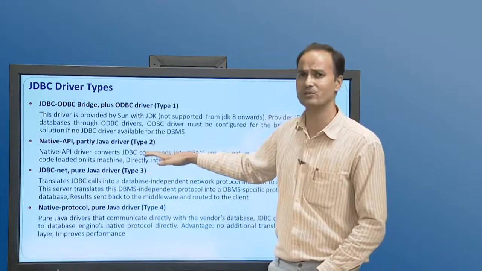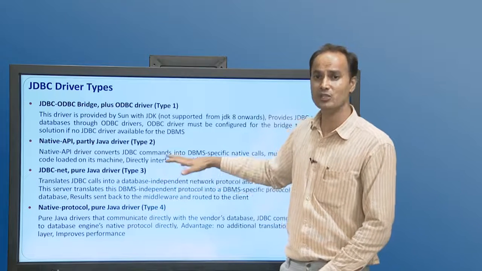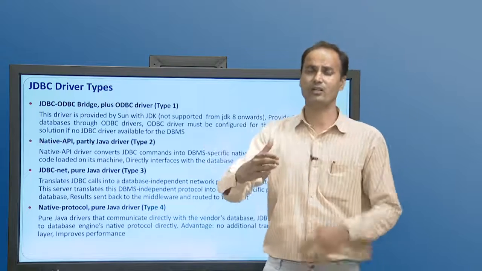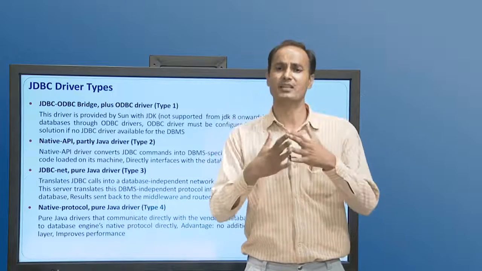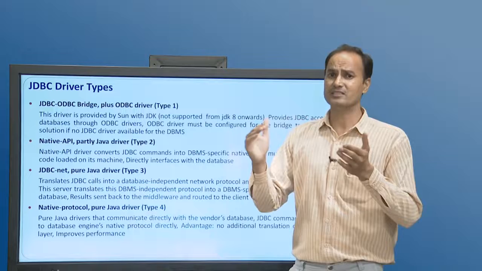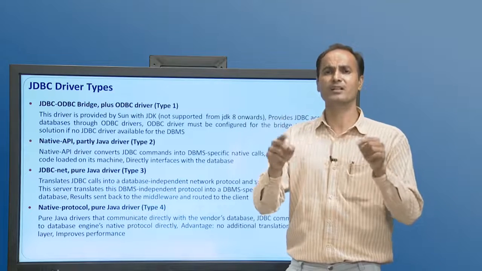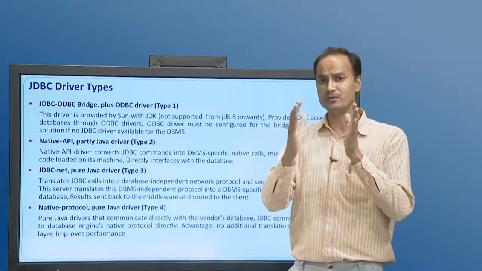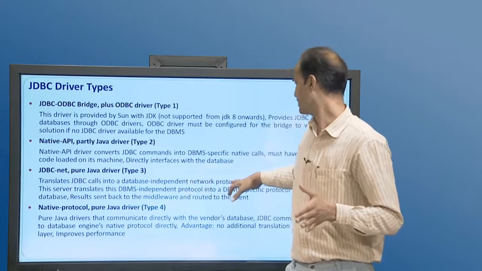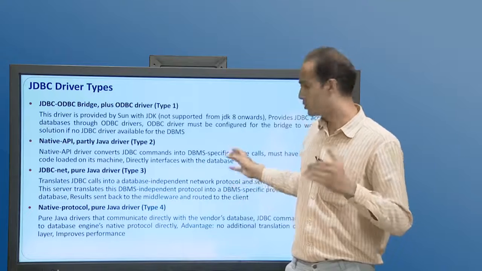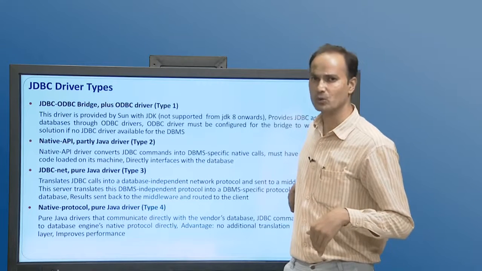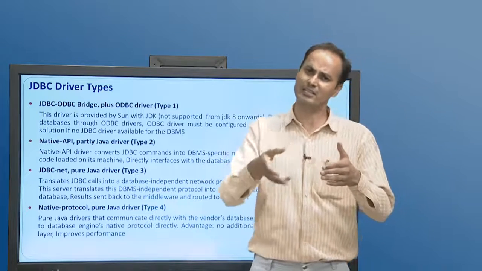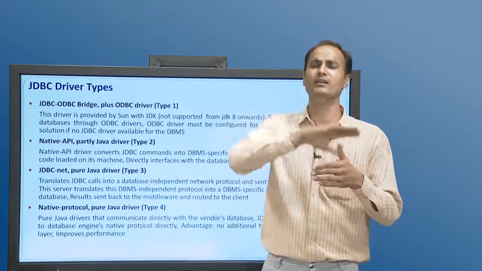This kind of driver translates the JDBC call into a database-independent network protocol and sends it to a middle-level server. The middle-level server then receives it and translates the database-independent network protocol into the DBMS-specific protocol and sends it to the database. The result is sent back in the reverse order in the same way and translated back to the client.